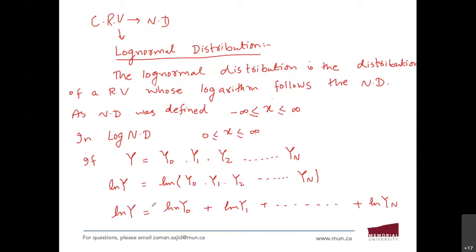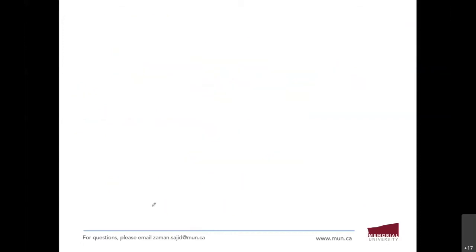Folks, I need to go to the next slide, please. If I put, for example, x is equal to natural log of y, then the previous expression becomes x is equal to x naught plus x1 plus x2 plus, and so on. The last term will be x of n.